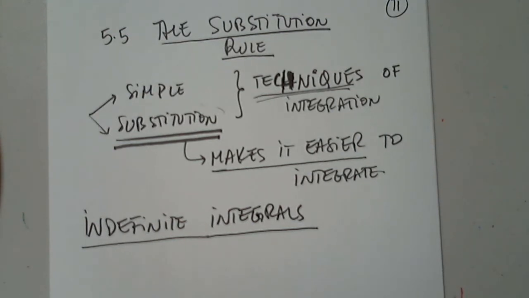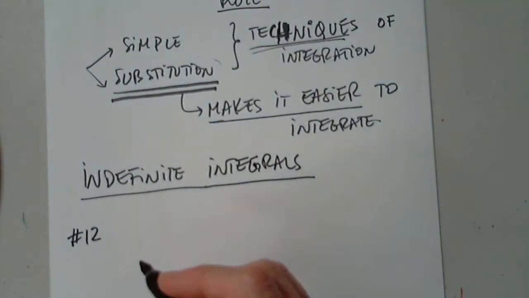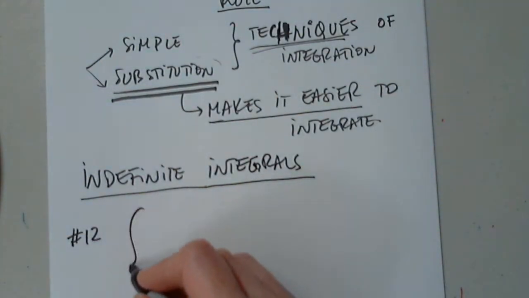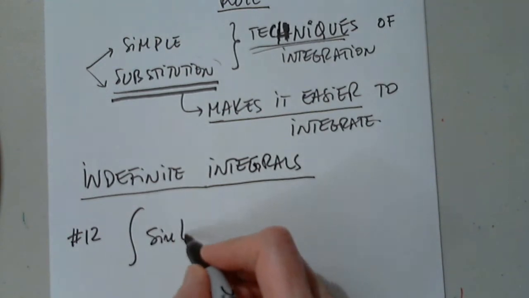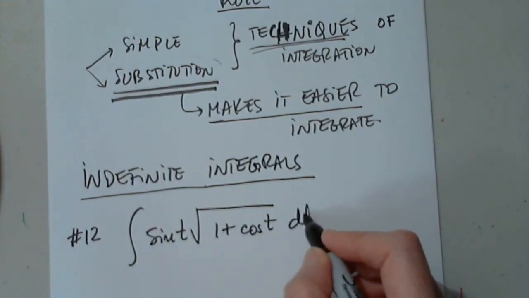Here they are giving us the substitution, so I'm just going to start with something like 12, and then I'll let you choose anything you want. So we have the integral of sine t times the square root of 1 plus cosine t dt.